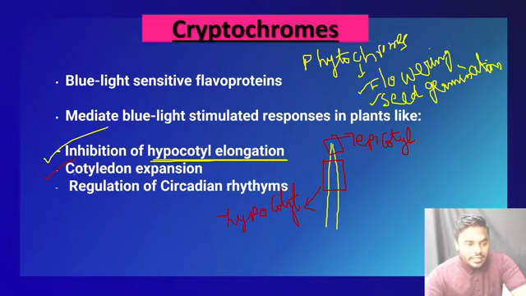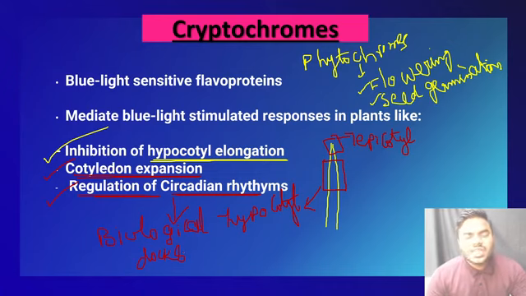Second point, the cryptochrome is involved in the cotyledon expansion. Then the third one, it is involved in the regulation of circadian rhythm. What is circadian rhythm? Biological clocks. Friends, we don't read about the biological clocks in this chapter of sensory photobiology. We will read about the biological clocks in unit 11, evolution.